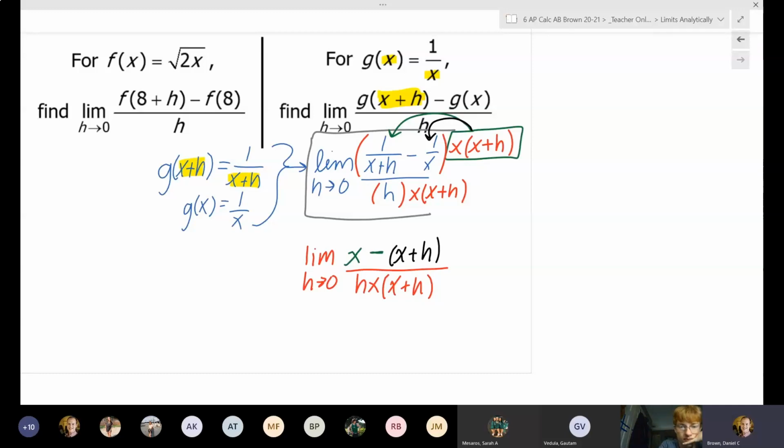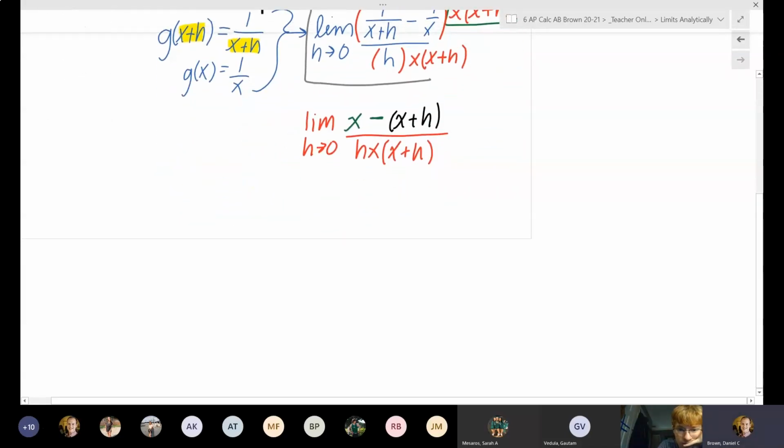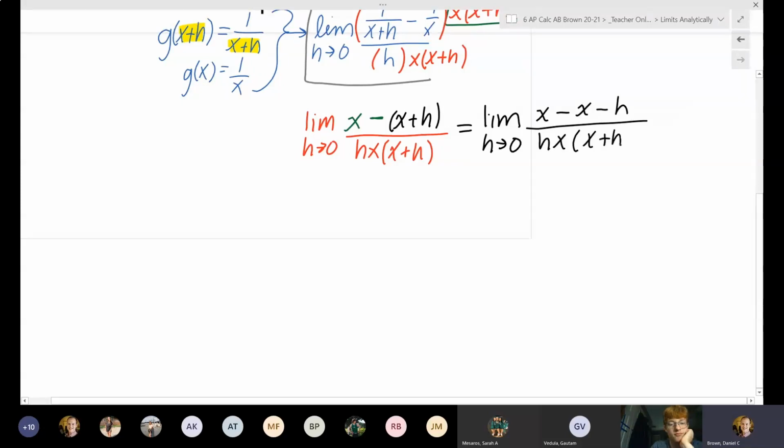So we would want to simplify it. And so when I go to simplify it, I'm going to go ahead and distribute that negative across. So I have the limit as h goes to 0 of x minus x minus h over hx times x plus h.